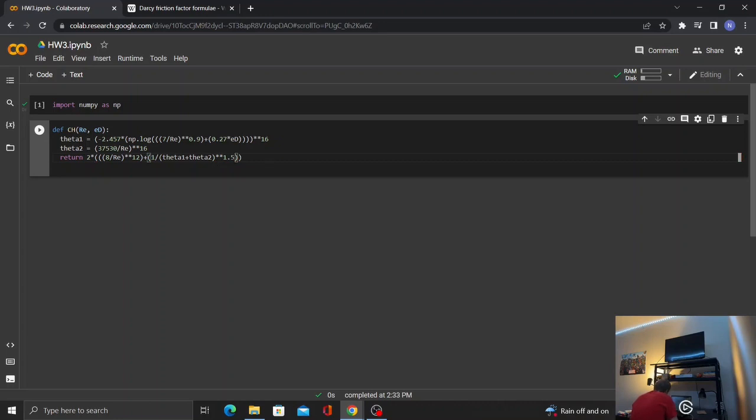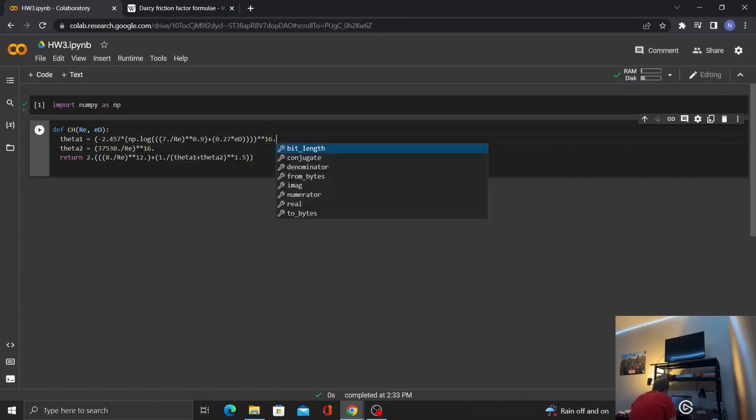I'm just going to put decimals after all these numbers here, just to make sure it doesn't mess up. I always forget to do that. Theta 1, theta 2 to the 1.5.